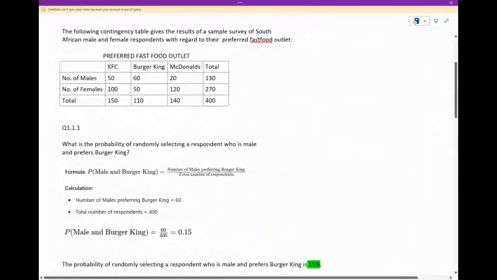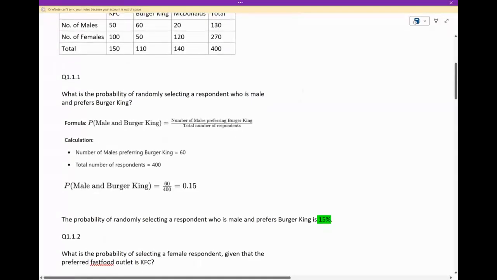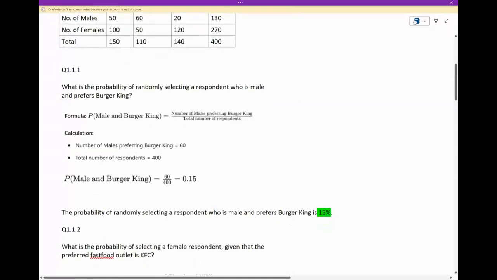They're looking at your preferred fast food outlet, and they're asking the same questions. What is the probability of randomly selecting a respondent who is male and prefers Burger King? Can you see? It's a joint probability.